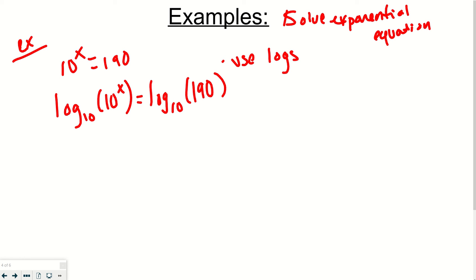So now here, if you set this equal to each other, if you have the same base and then it's the same base here for some power, then all you're left with is x.